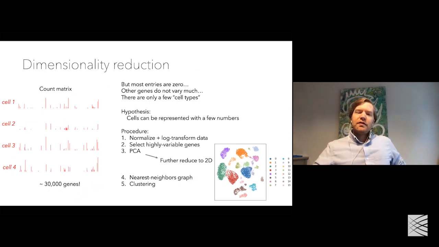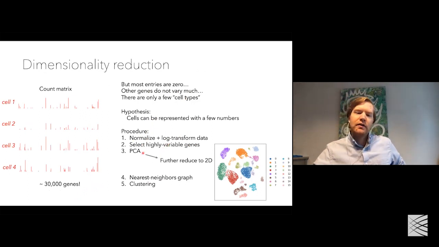So we hypothesized that maybe we can represent cells with fewer numbers than the full 30,000. And the procedure that people typically use here is to somehow normalize and log transform the data, and select highly variable genes. Again, this has to do with the fact that lots of genes don't really vary too much. We want to see which things are the most highly variable.